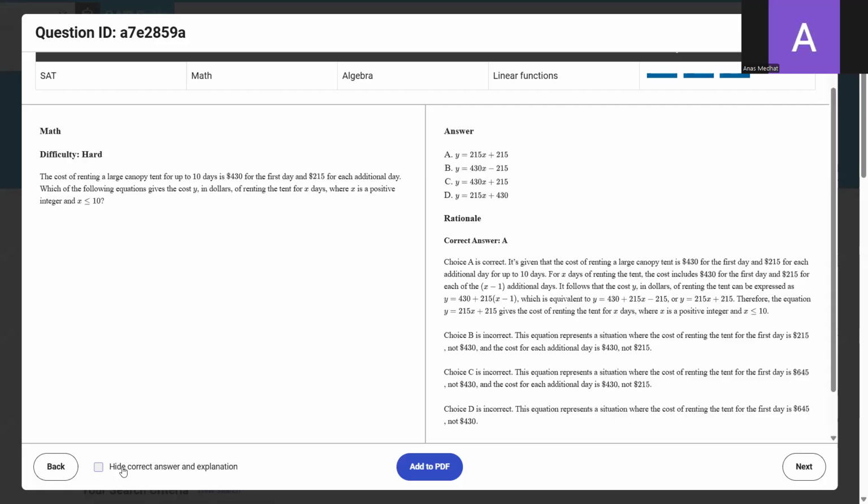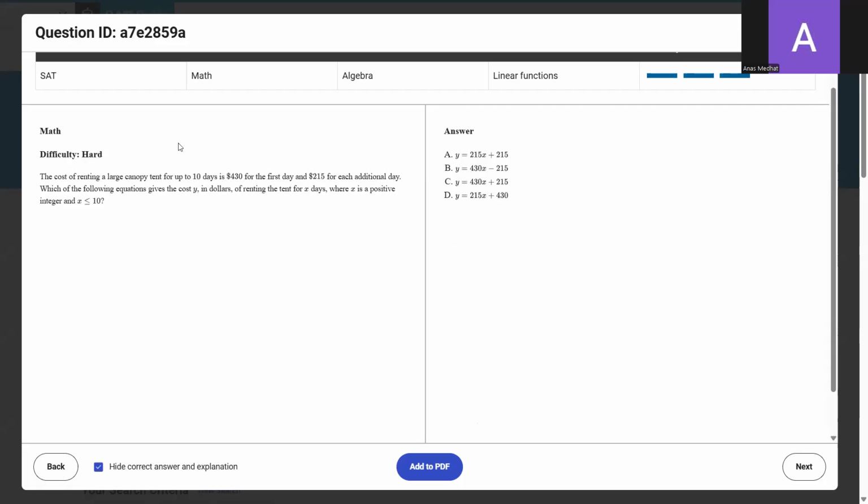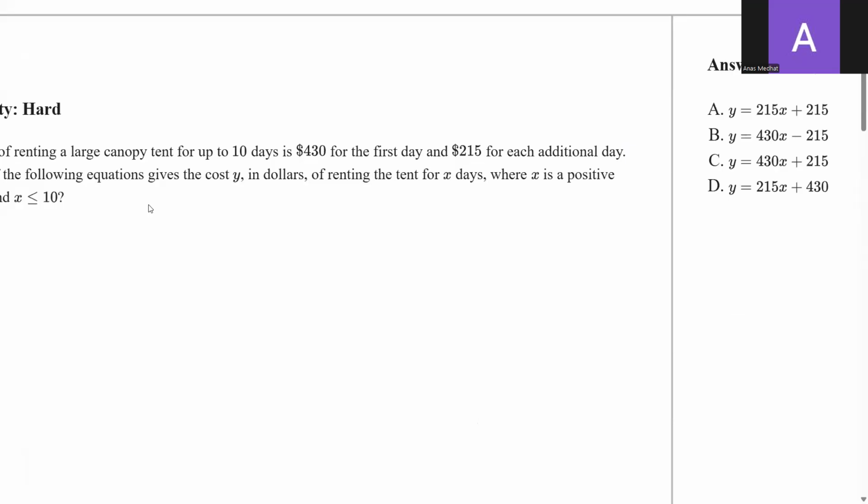Answer is A. How's that? Oh, sorry. Yes, I forgot to do something. Here, for the first day, 215 times x minus 1 plus 430. Why is that? Because for the first day, it is 430.